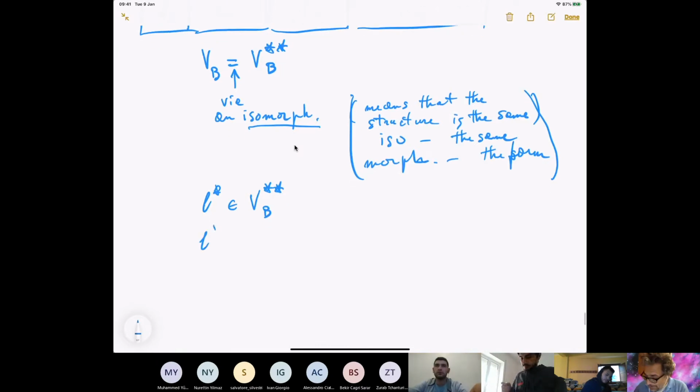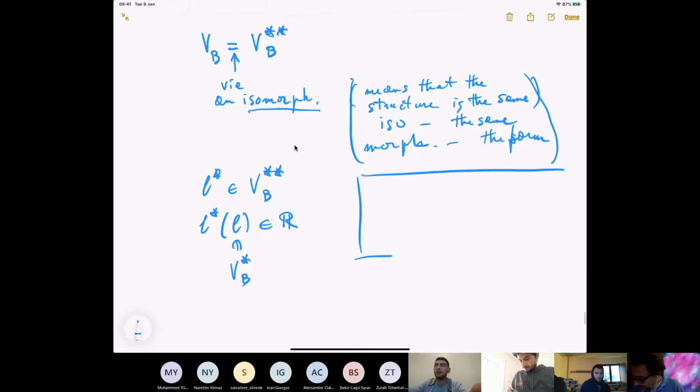It is mapping an element in V star B into a real number. Okay. So this is the way in which we are building always the dual of a vector space. So please, there is nothing strange in what we're doing.